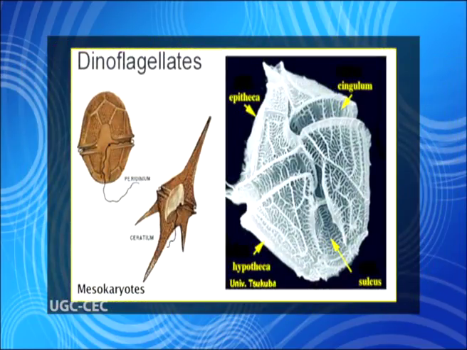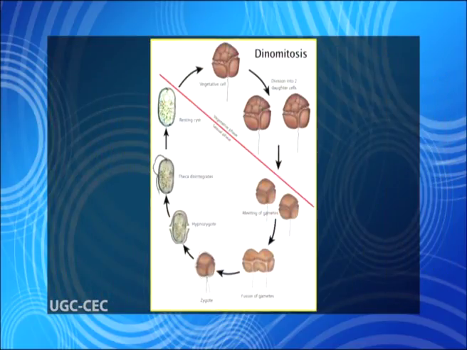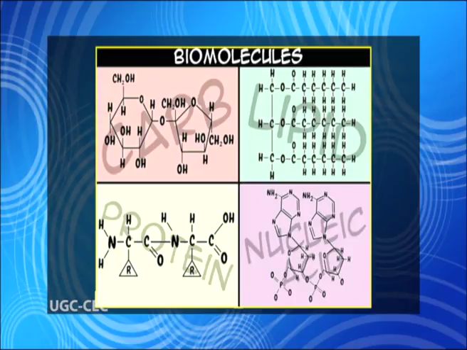Some microbes are mesokaryotes. They divide by dinomitosis, and all the types of cell division are forced or backed by metabolic processes, which provide the basic biomolecules like carbohydrates, proteins, lipids and nucleic acids.